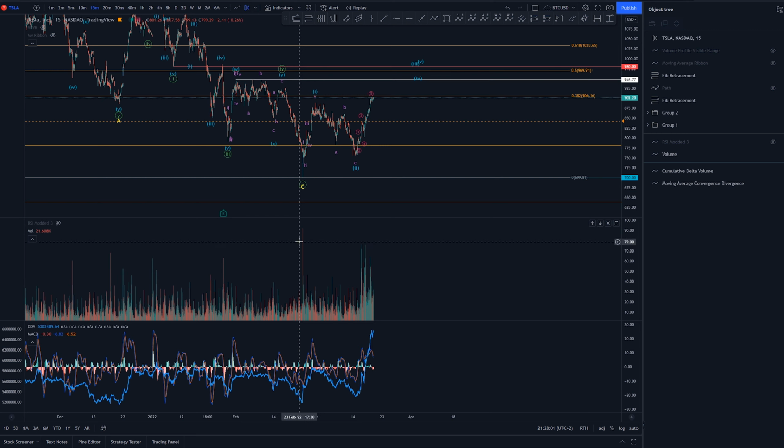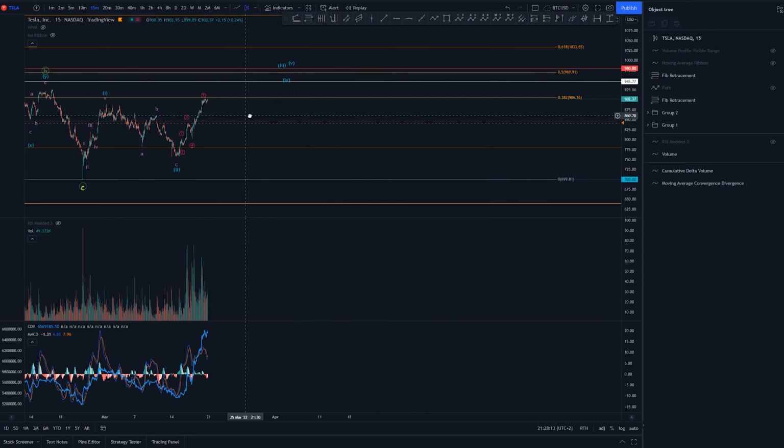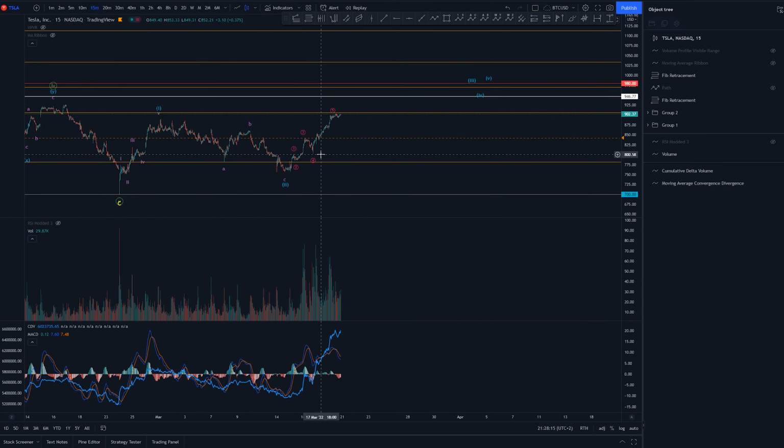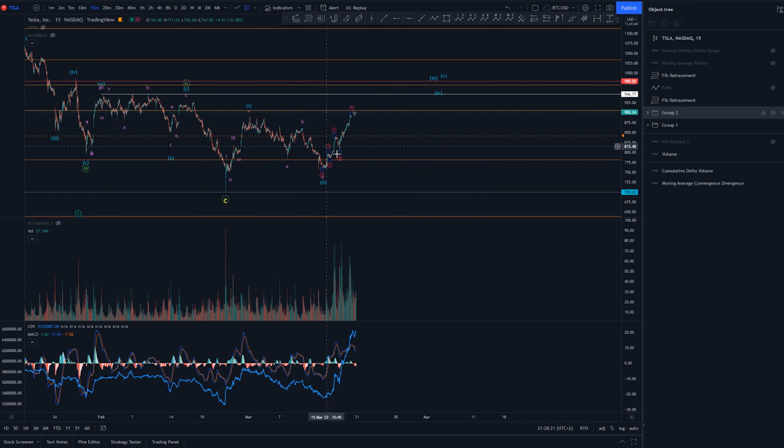We can see that volume is starting to pick up on this leg, bringing the bulls back into the picture. And as this looks like wave 5 might be extending, everyone is waking up to this point.